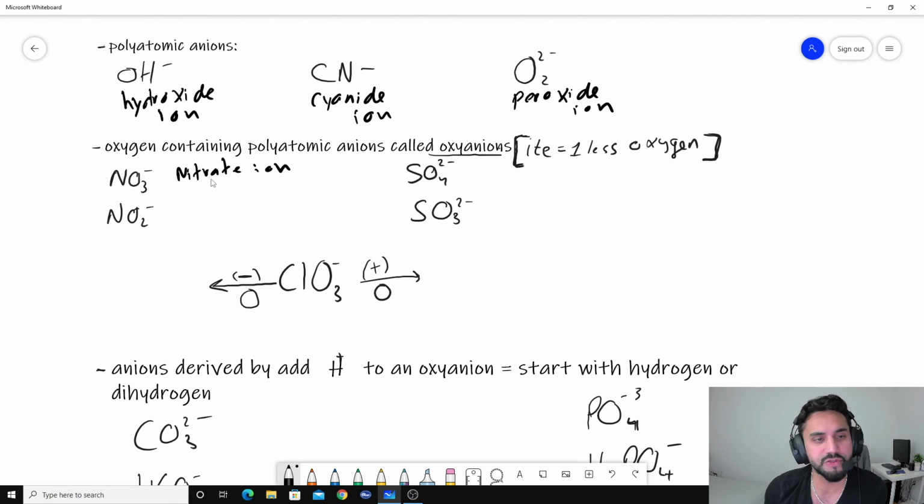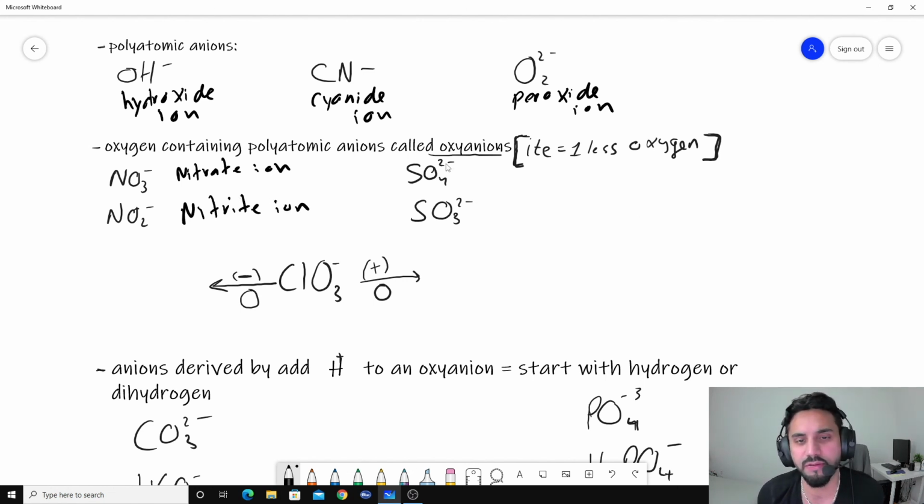Whenever you take a common name and one oxygen is subtracted, you put ITE at the end. You take off the ATE and you put ITE. So this one is called nitrite ion.